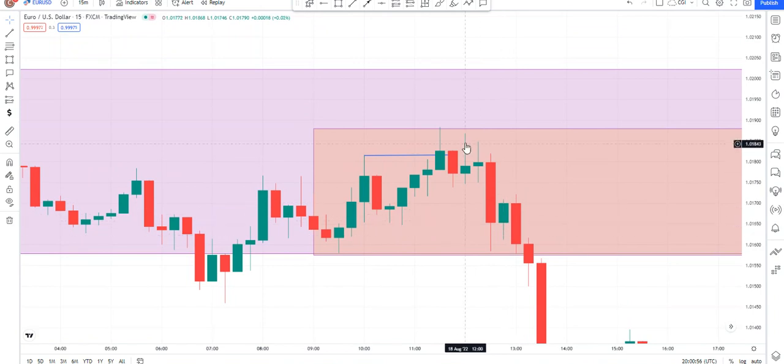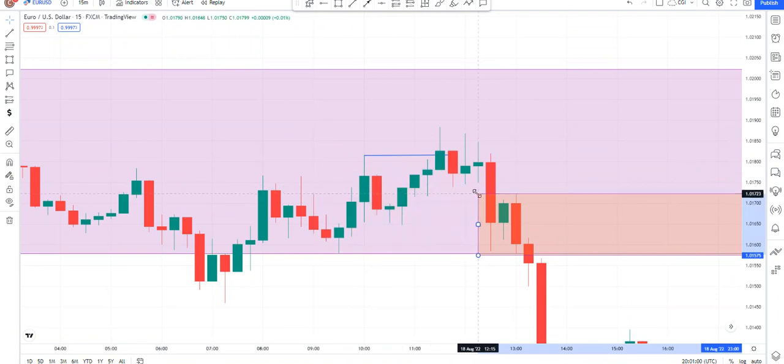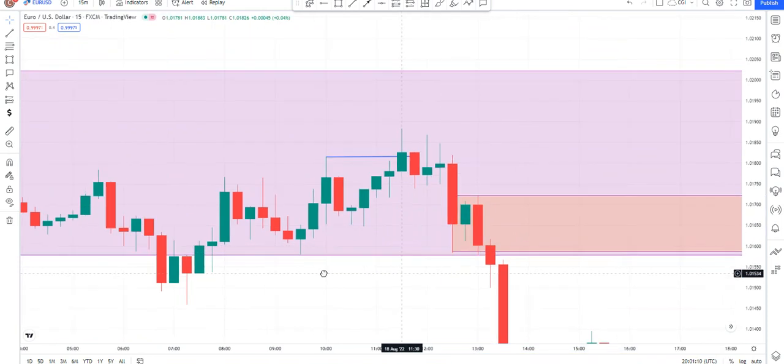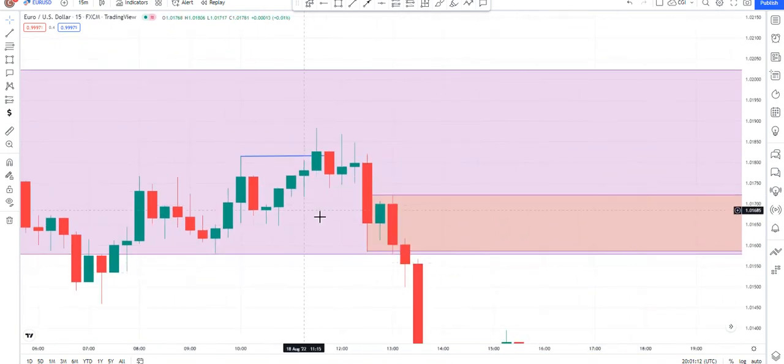So I would reduce the size of my zone from here to here, or let me just be generous and put it here. Basically, this is the area I want to sell from, because this guy is the guy that led to this push down.